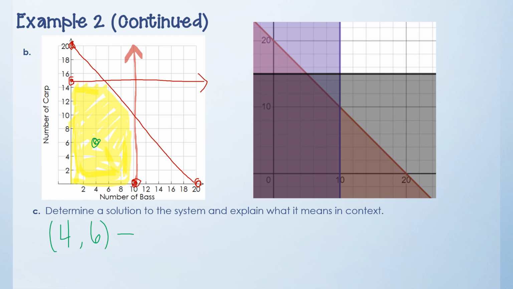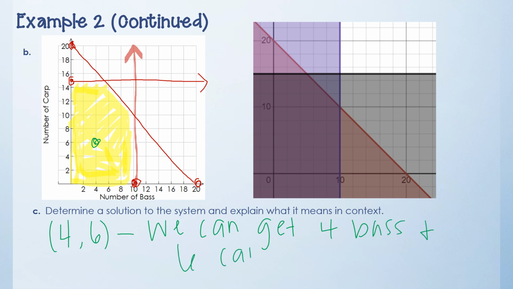That means that we can get 4 bass and 6 carp. Okay, and that would fall within all of our restrictions. It would be less than 10 bass, less than 15 carp, and less than 20 fish.